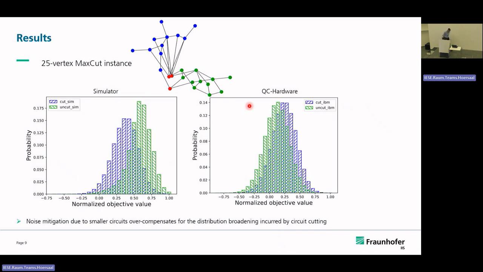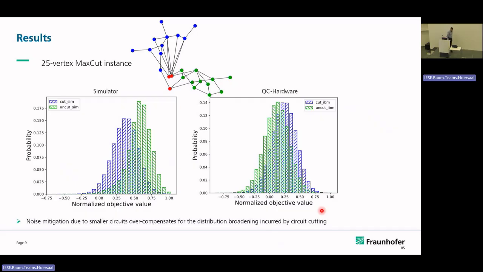The uncut circuit is 23 qubits, and the cut circuits both have 12 qubits, okay? So you reduce the total number of qubits required from 23 to 12. And this comes with a large noise reduction. This effect actually overcompensates the distribution broadening which we have incurred by circuit cutting.